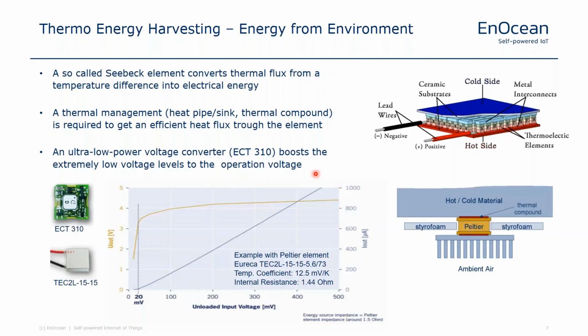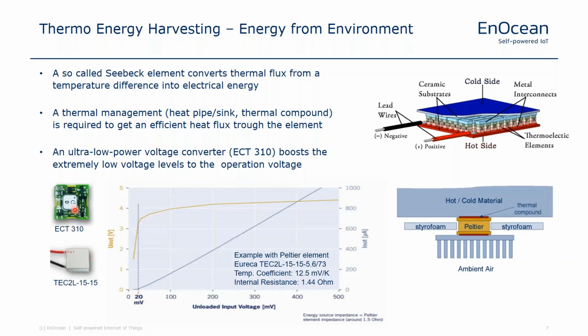Okay, then you get some millivolts. It depends on the temperature difference, but if you have a difference of maybe 2 Kelvin to 5 Kelvin, then you get some millivolts, and you have to convert them.